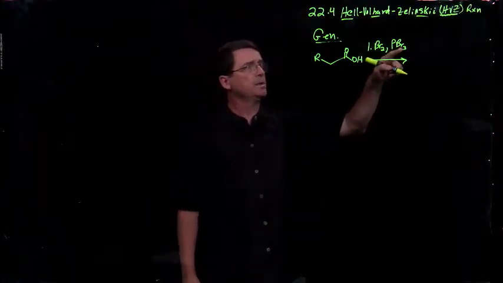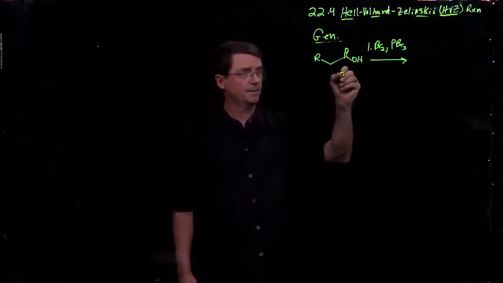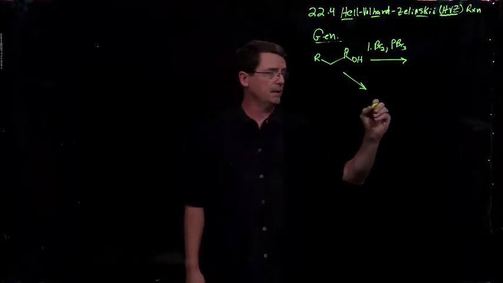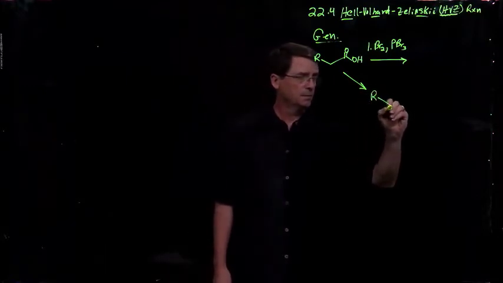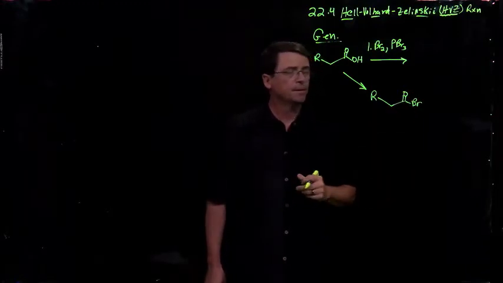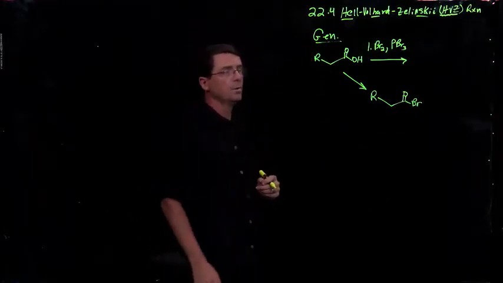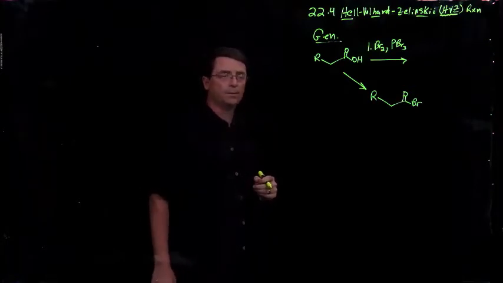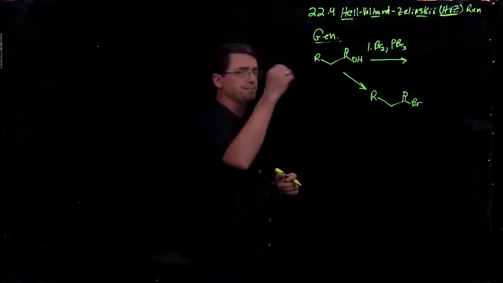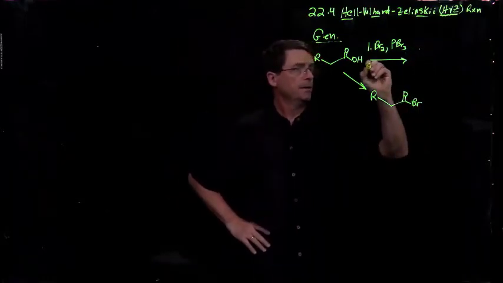So we use the PBr3 to convert it in situ, that means in the reaction, in glass, into the acid halide. Now, this has much more of an enol tautomer accessible than the carboxylic acid. And so that's the first step.